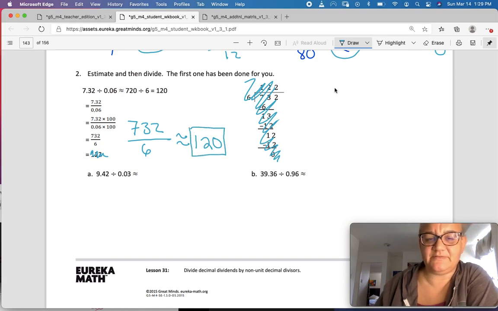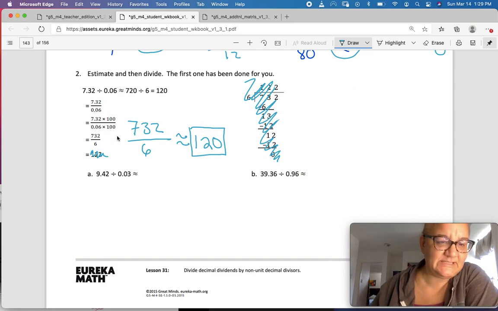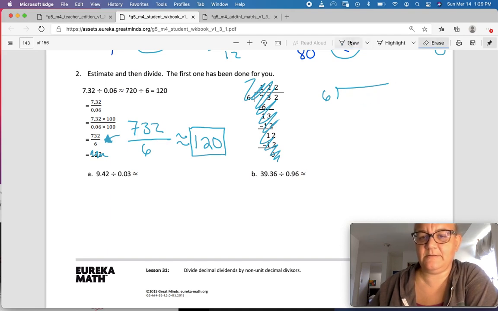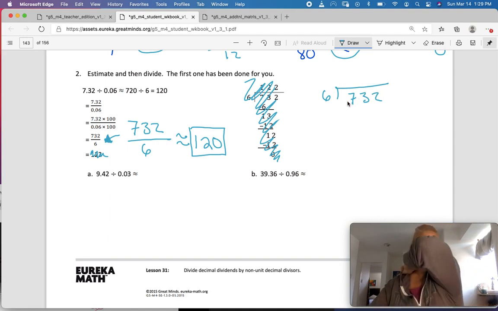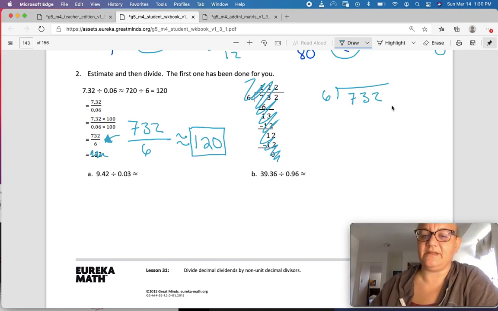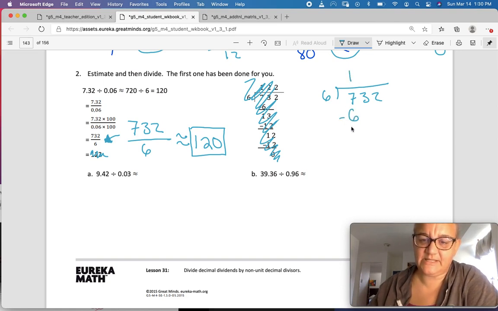And now I'm going to do the long division. Okay. And I'm going to use these numbers because they don't have decimals in them. Right? Same problem. 6 into 732. Well, 6 goes into 700 one time. It's going to be 6 in the 100 spot.